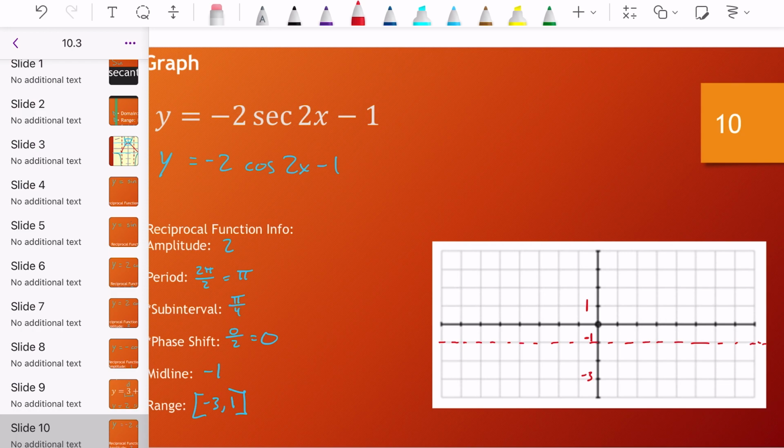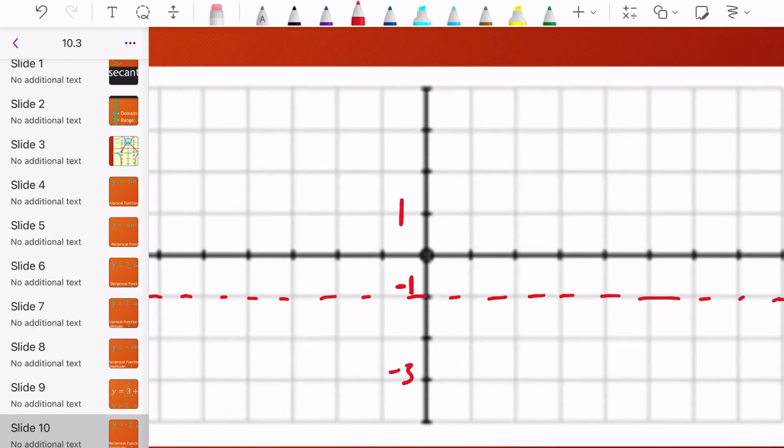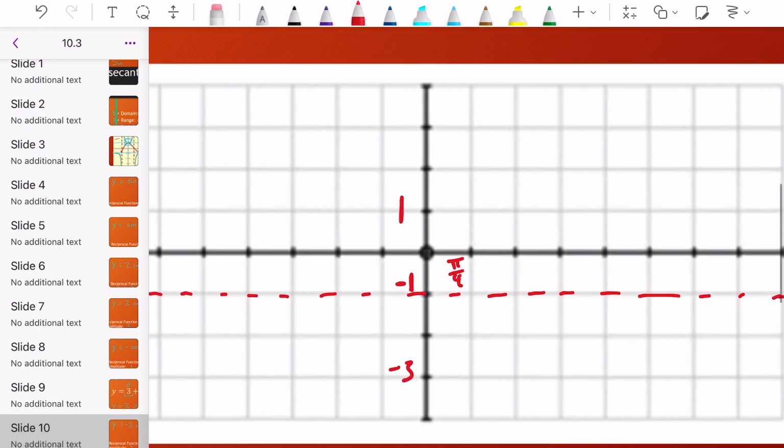Now, we're going to be looking at pi over 4 as our intervals. So this would be pi over 4, 2 pi over 4, 3 pi over 4, 4 pi over 4. We're going to begin with the minimum, which is at negative 3.